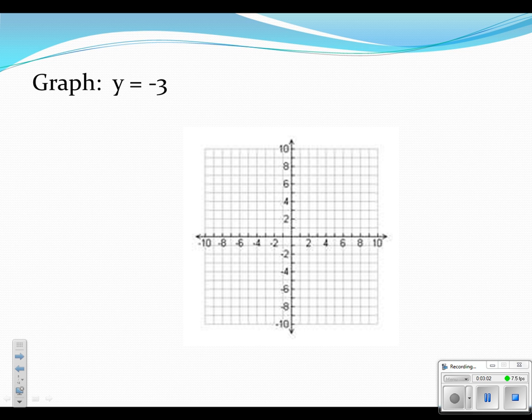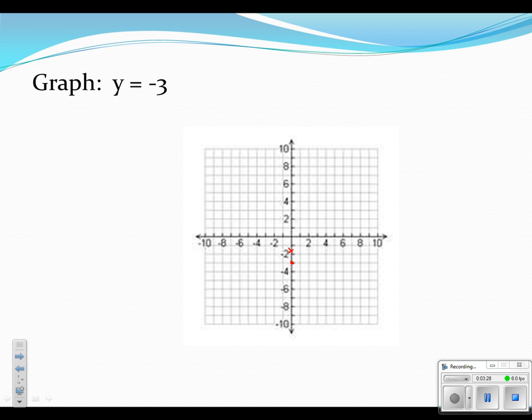The first spot, the easiest spot for y equals negative 3, is the negative 3 on the y-axis itself. Okay, now the graph of this line, y equals negative 3, is going to be every other point that has a y value of negative 3. So if you think of going vertically, ask yourself, is the value of y still negative 3 if I go up?